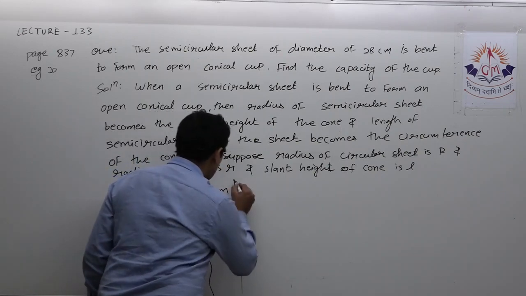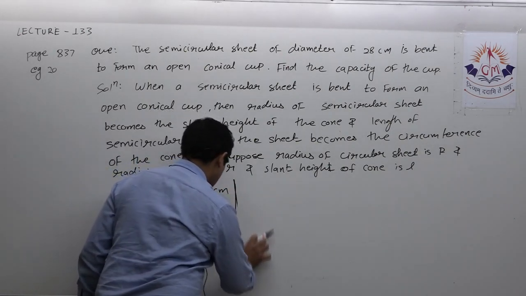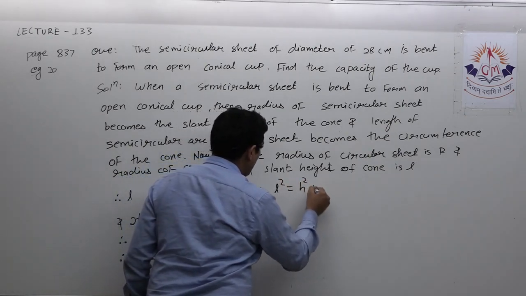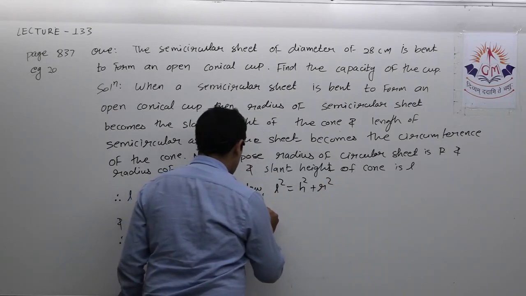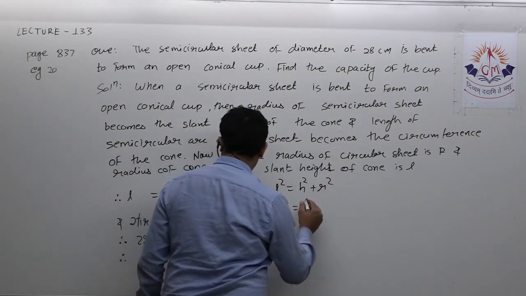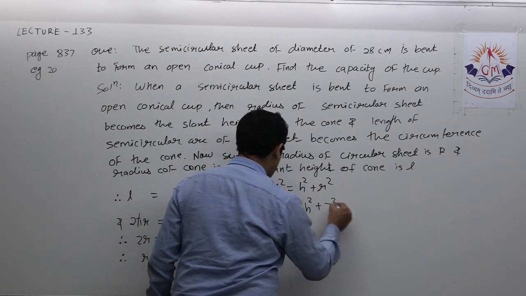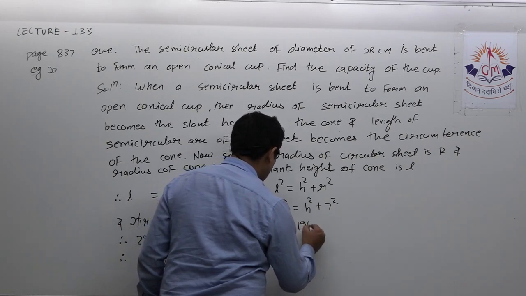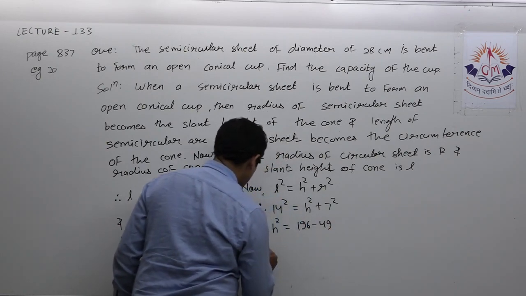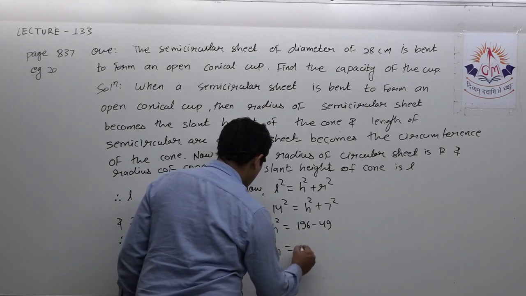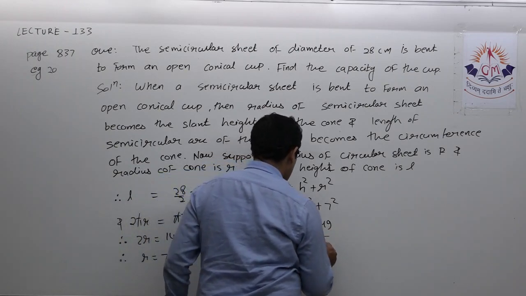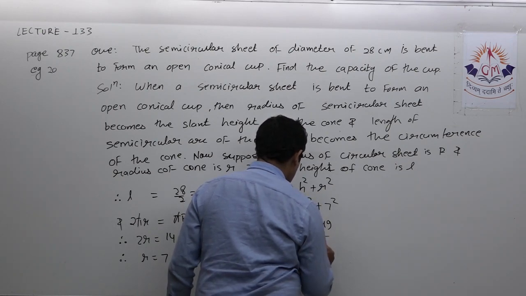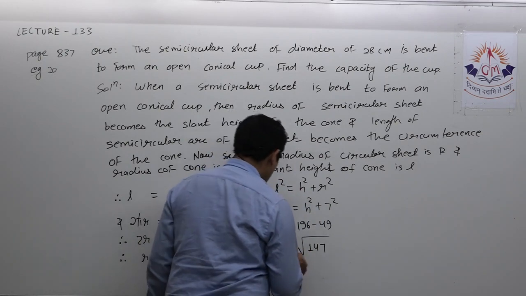So now we'll find the height. Now L square is equal to h square plus r square. Therefore 14 square is equal to h square plus 7 square. Therefore h square is equal to 196 minus 49, that is 147. So h is root 147.